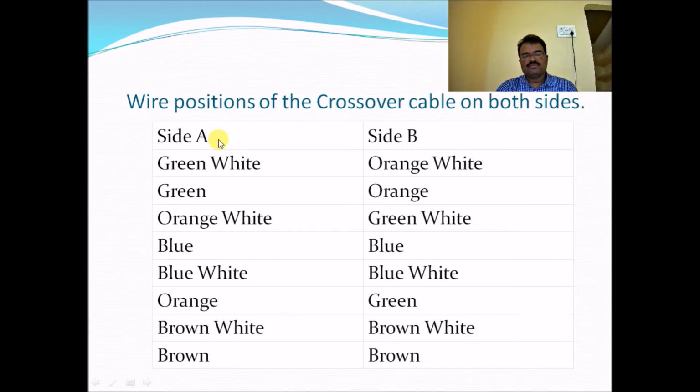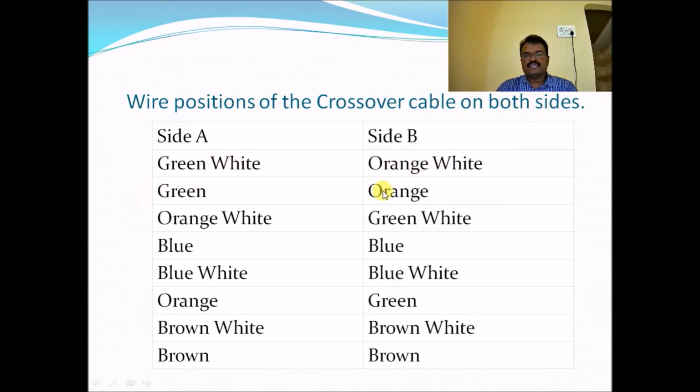So if we write the wire positions of the crossover cable on both sides, it goes like that: green white, which is the first one, green, orange white, blue, blue white, orange, brown white, and brown. And these are somewhat changed on side B. So here we are using green white, but here we are using orange white.